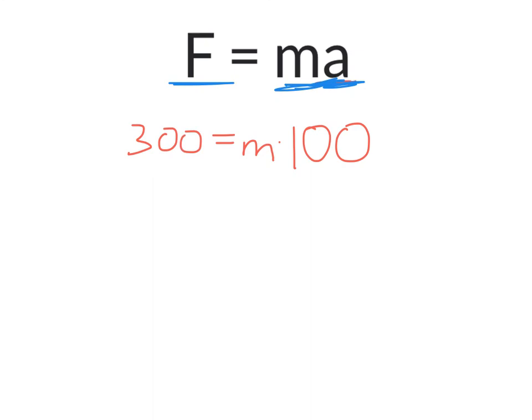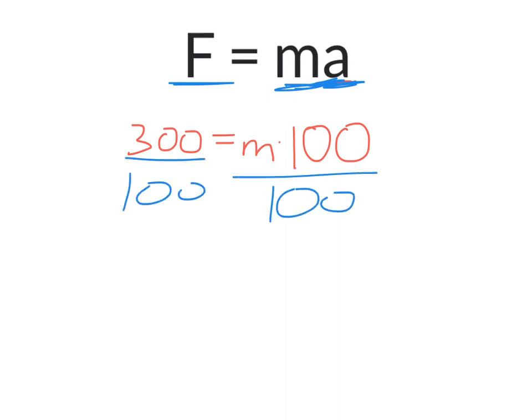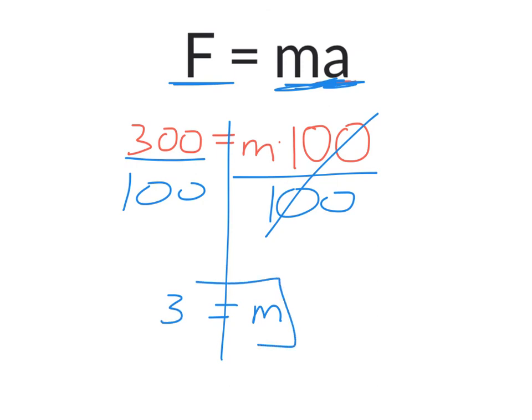Then I can just divide both sides by 100. These cancel out, and I get that the mass can be 3. So with that force, that's the mass to get the acceleration I need.